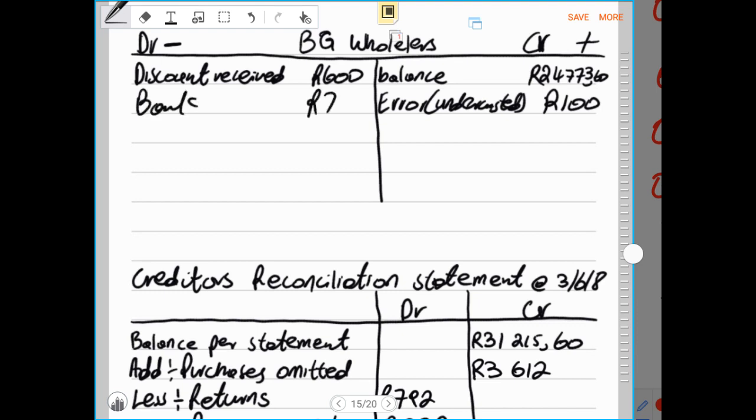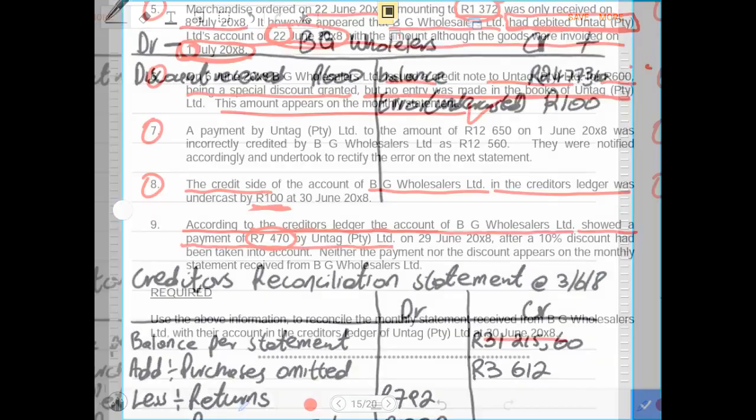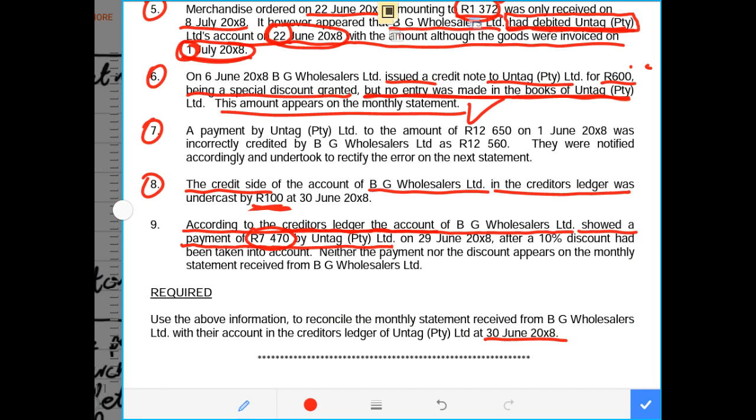It shows that there's 7,470 on this side, but it was already recorded. We must not record it, but just for explanation and understanding purpose. So that's what they are saying, because payment will be on the debit side, reducing our creditors.